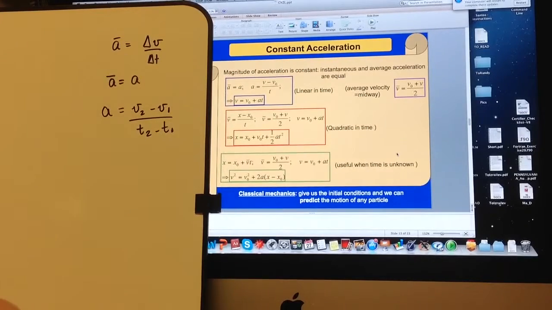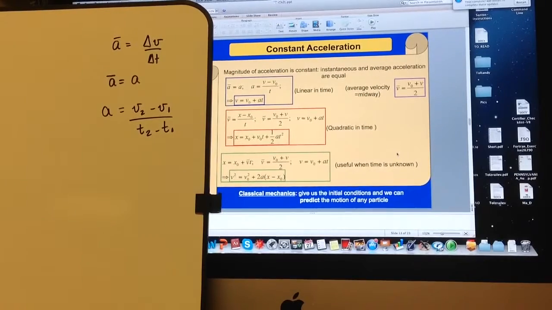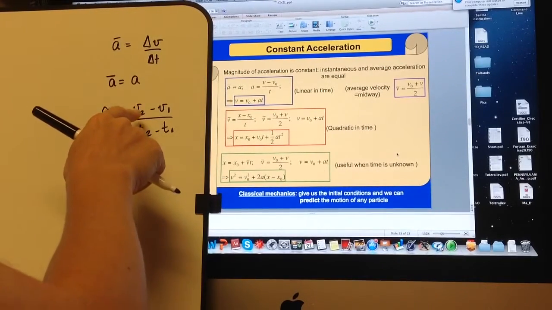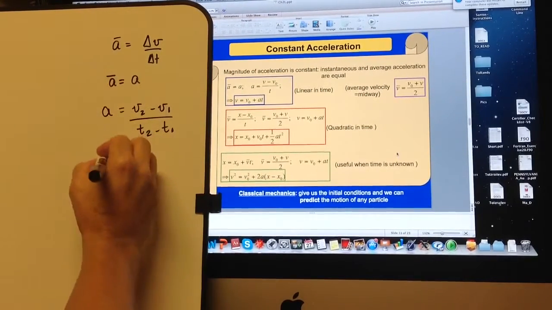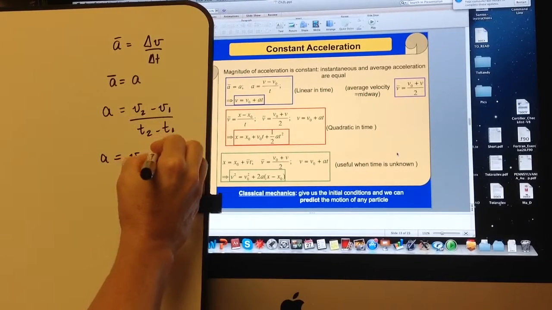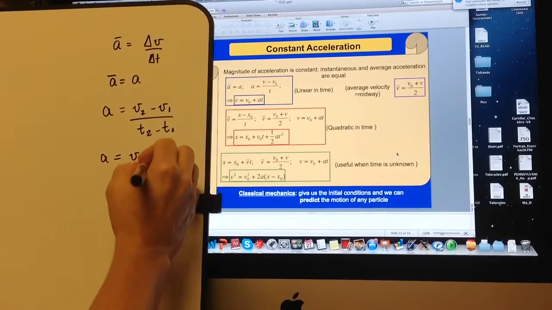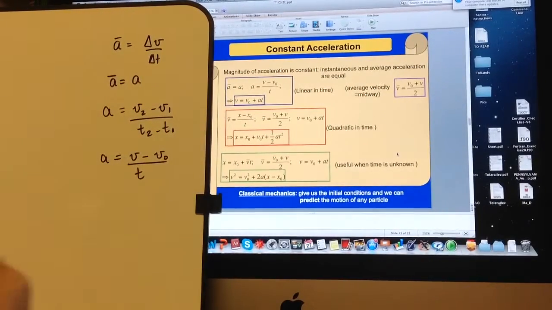Let me do the same thing that we did when we were writing that expression for velocity. I'll say that final velocity, I'll just call it v, and initial velocity, I'll just call it v naught. Final time, I'll just call it t, and initial time, I'll say it's 0.